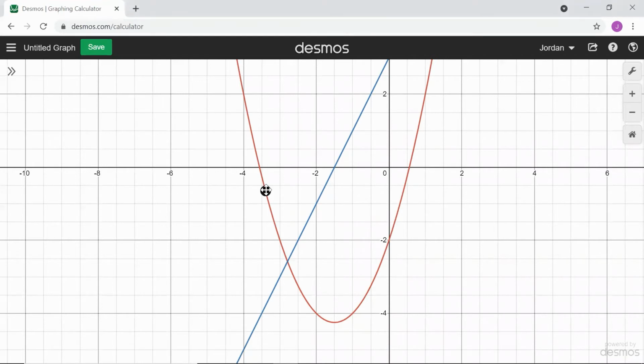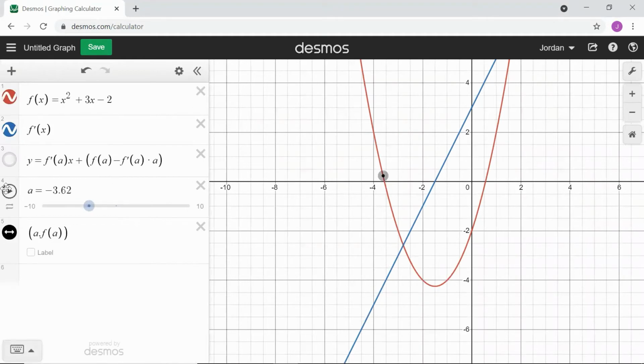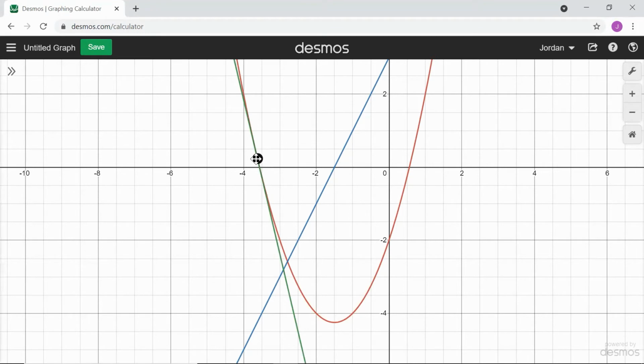So if you take a point on this graph and you start moving it around, what you're going to see is the slope of the tangent line should match up to the point on the blue line here. Let's go ahead and show you the tangent line. So I've taken a slider point and created the tangent line at that point on the graph.